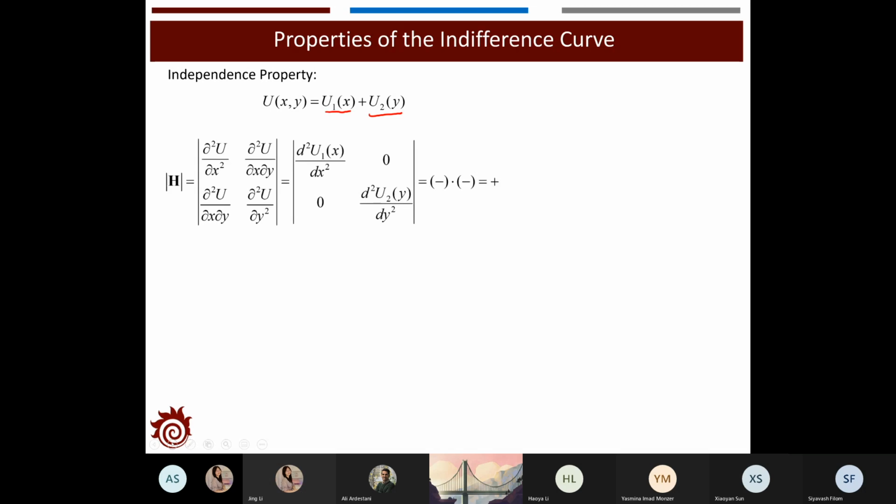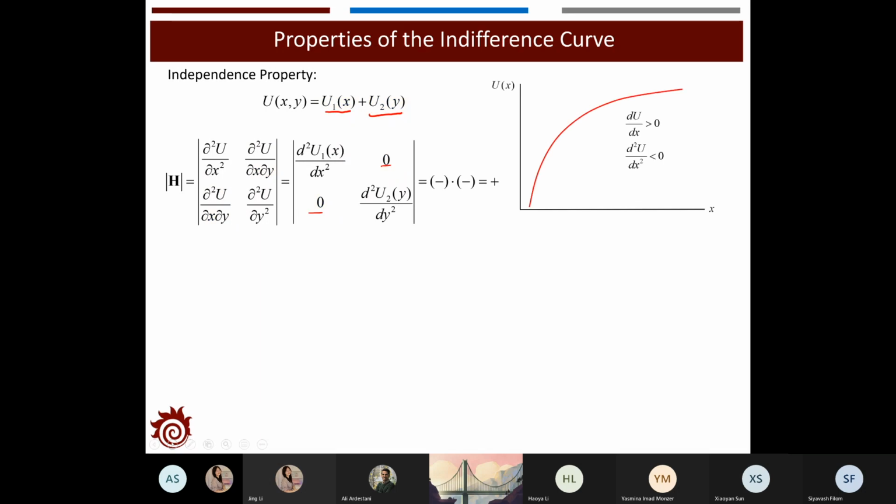And with that, you can find the Hessian matrix for the two-variable function. The determinant of the Hessian matrix would be positive, because the second order derivative of u1 is negative, and the second order derivative of u2 for y is also negative, and x and y are independent, so the joint derivative will be 0.